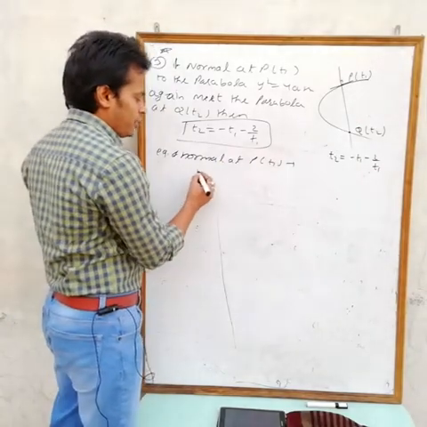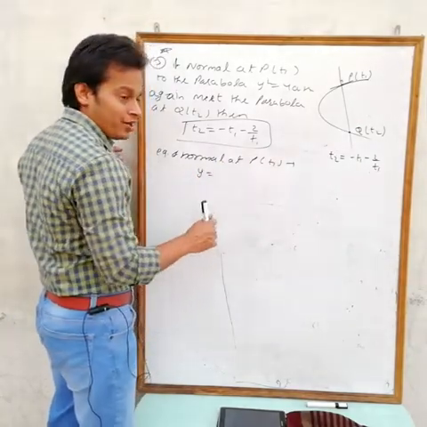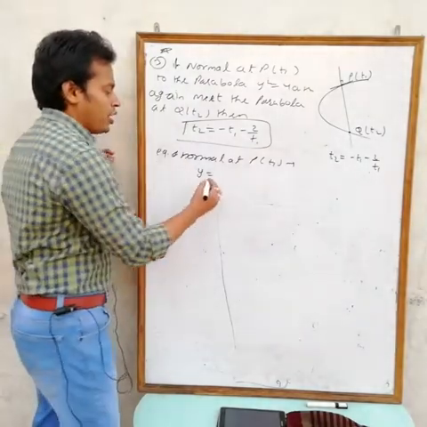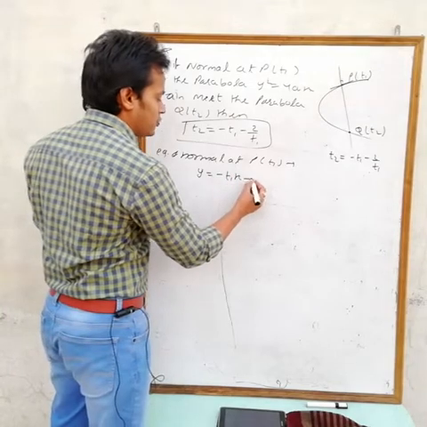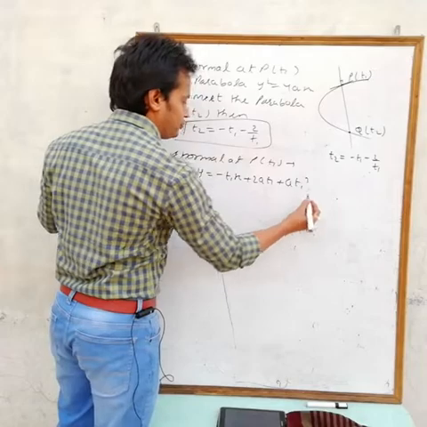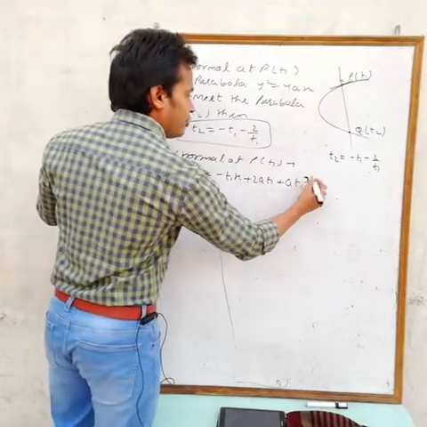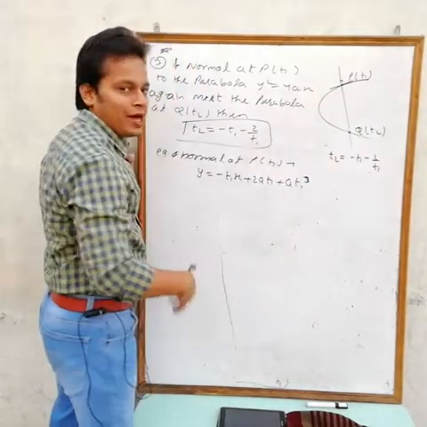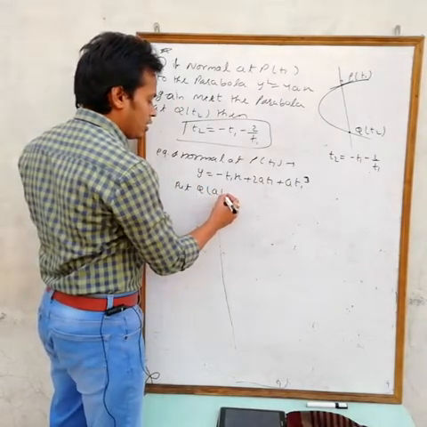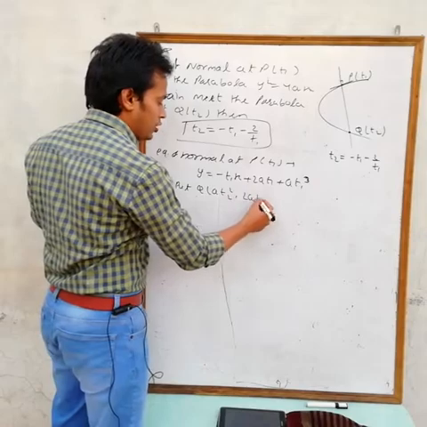Equation of normal at T1 is y equals, again we are using points now, so I have to use the parametric form, y equals minus T1 x plus 2a T1 plus a T1 cube. Now this line passes through Q, Q lies on this one, so put Q. Q is a T2 square comma 2a T2.